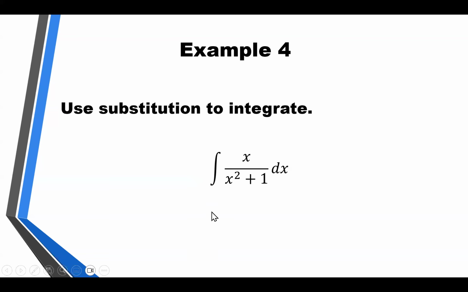Now let's do this example. We're going to use substitution to integrate this one. And this, obviously, we're not doing a polynomial raised to a power. Well, we're kind of not doing that. We kind of are, though, as well. I'll show you how to do this in just a moment.